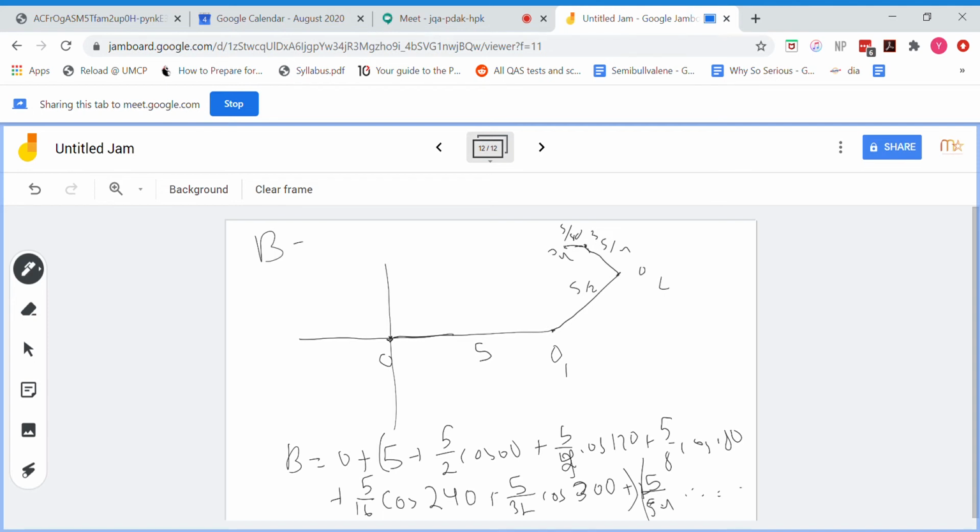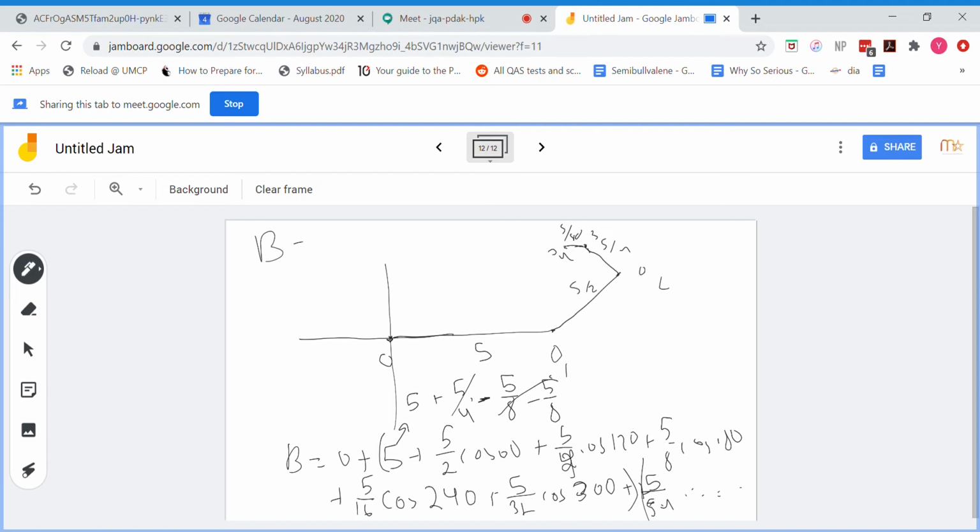So if we try computing this, this is 5 plus now 5/4. This cosine 120 gives us minus 5/8, minus 5/8. So this actually cancels out nicely.